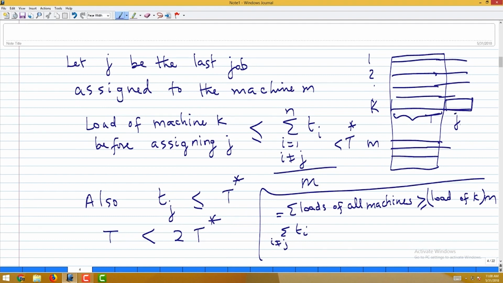Why? Because we have arranged all the jobs in decreasing order. What will the job assignment do for the first m jobs? It will assign them all separately in each of the machines, because one machine has least load, 0 load. So, it will go and assign it there. So, only the m plus 1 or later jobs get attached later. So, this job has cost at most T m plus 1, because job timings are decreasing.